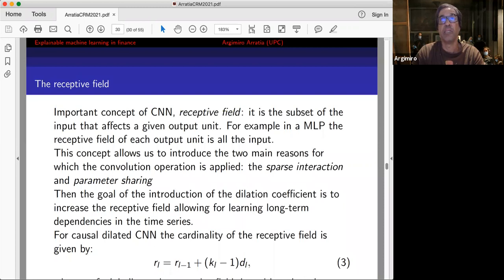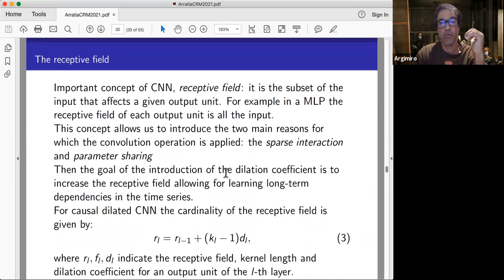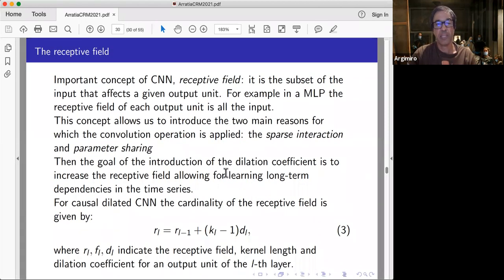So, okay. And precisely, the receptive field is the subset of the input that affects a given output unit, and this has to do with the capacity of memorizing the past.